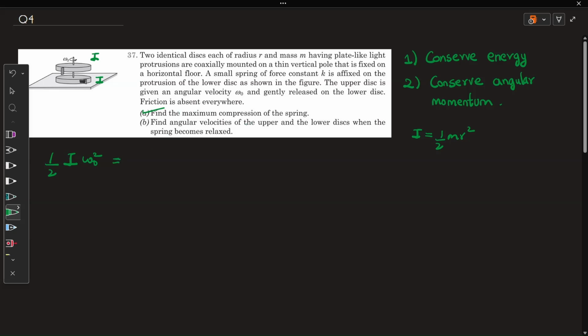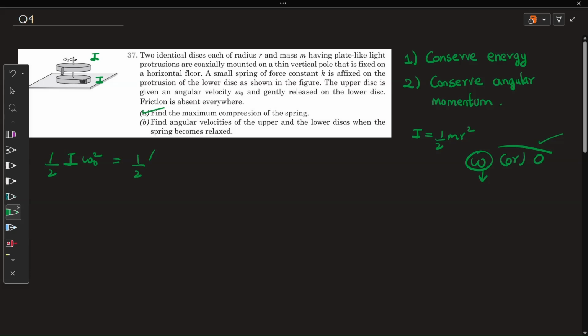When the spring is at maximum compression, both have zero relative velocity. They may move with a common angular velocity omega, or they may be at rest. We can assume it as omega. If omega is 0, then this case also gets satisfied.